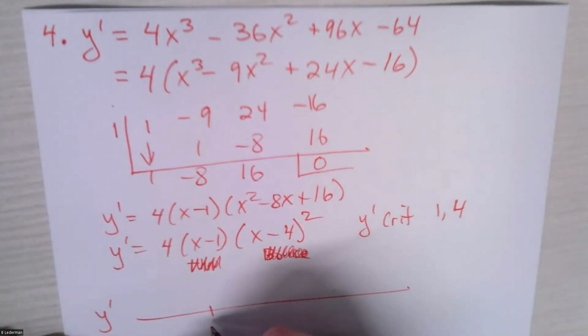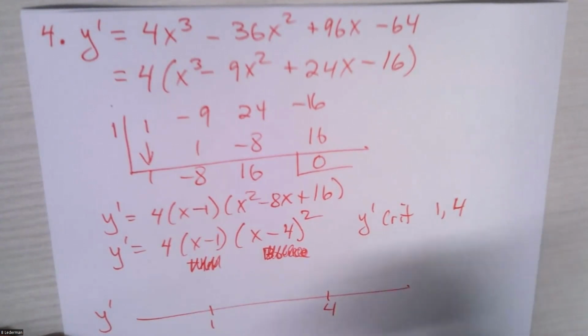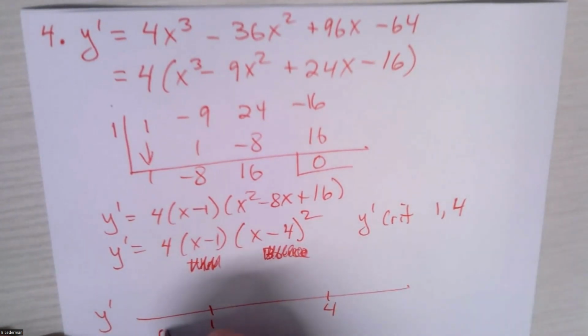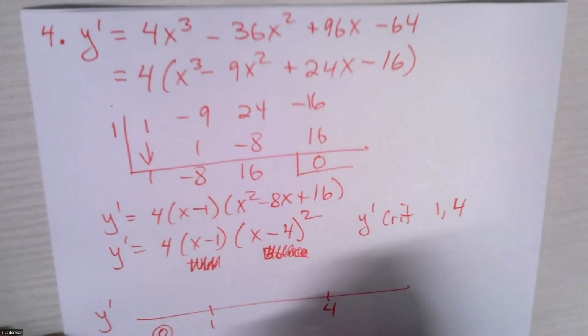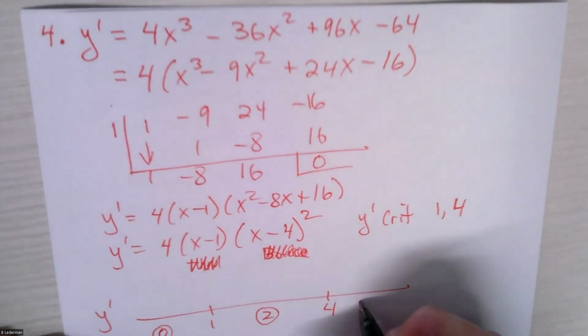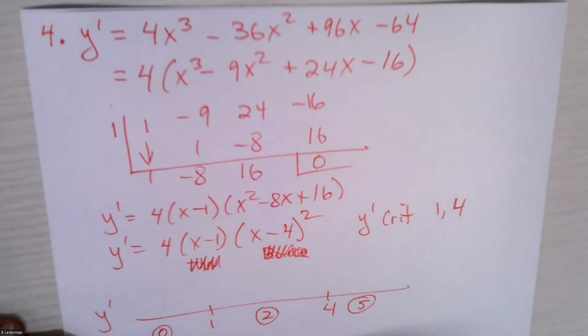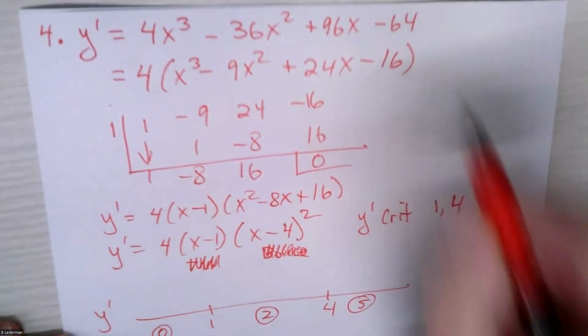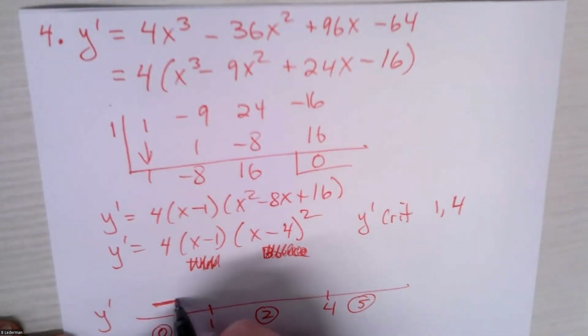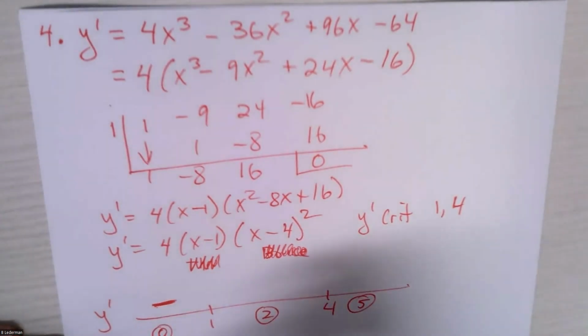So in the sections around 1 and 4, our test numbers are going to be 0, 2, and 5. For 0, I have negative 64, because it's just that negative 64 right there, which is negative. So the function is decreasing.